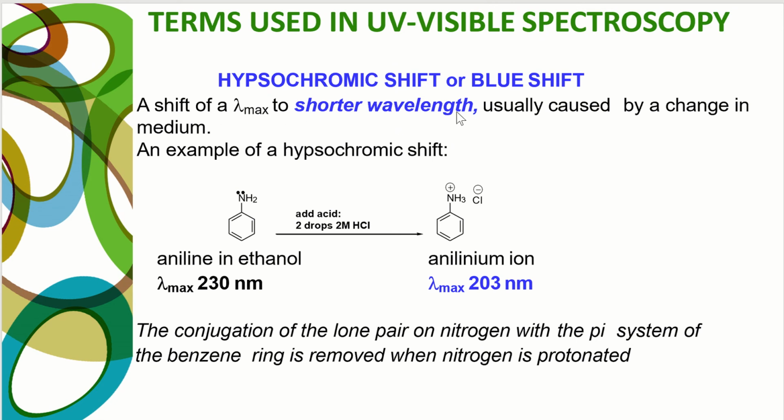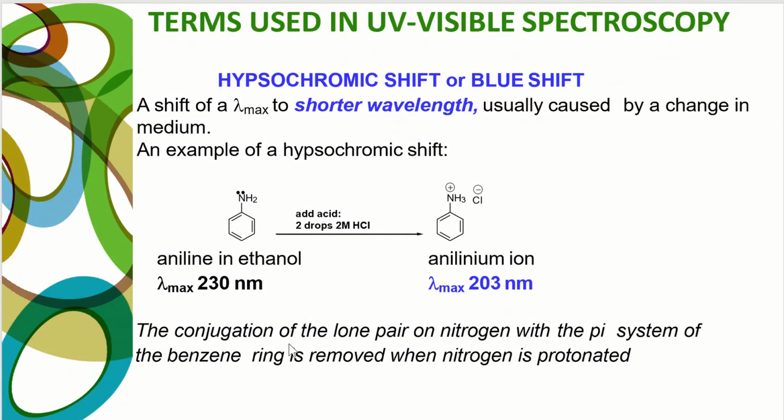In terms of your hypsochromic shift or blue shift, that is a shift of the lambda max to a shorter wavelength, so that's moving to the left, usually caused by a change in medium. An example of a hypsochromic shift is seen here. So for aniline in ethanol, if you add acid, and we looked at this earlier, the amine will be protonated to form the anilinium ion, and so the lambda max now moves from 230 nanometers to 203 nanometers.